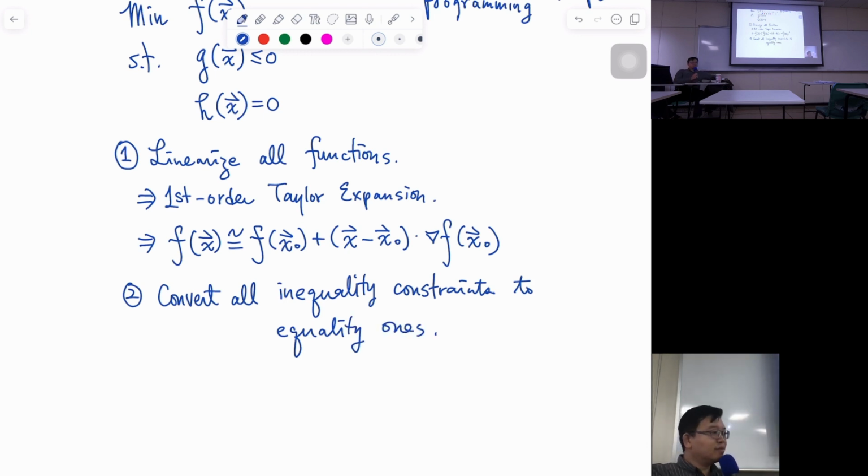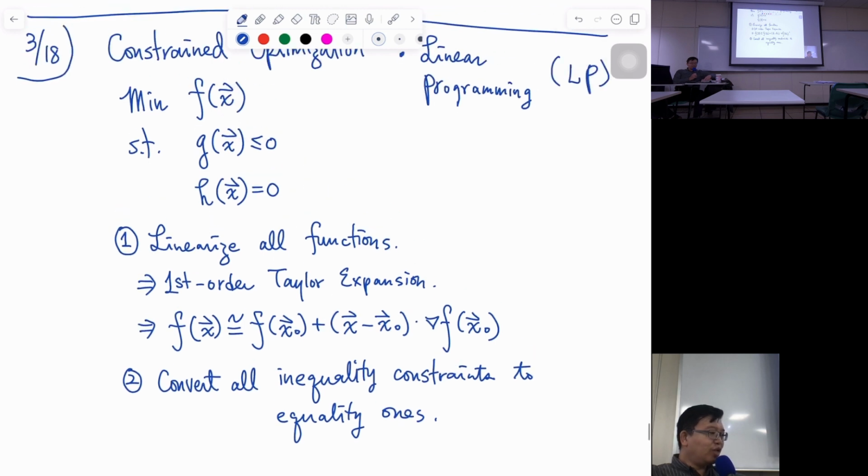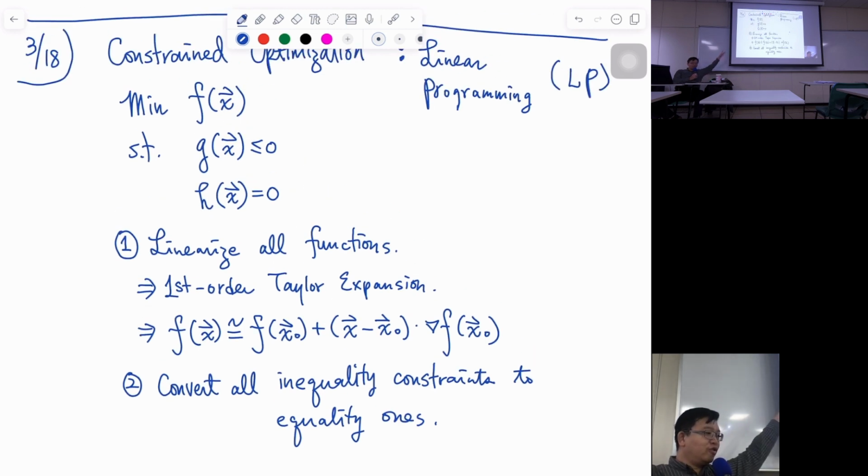Okay? So basically, we need to convert all the G constraints into the form of H. Every constraint has to have the equal sign. Okay, so how do we do that?